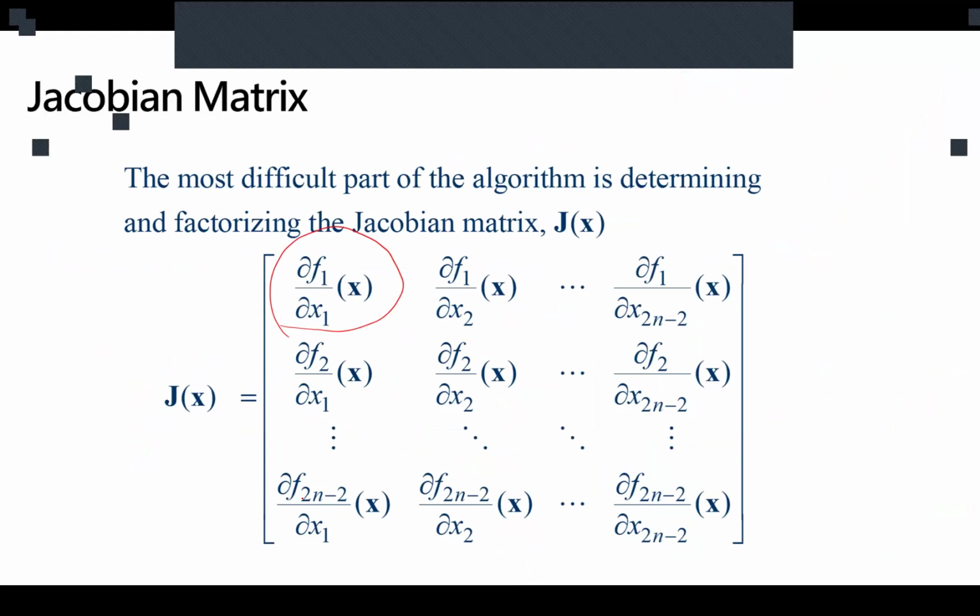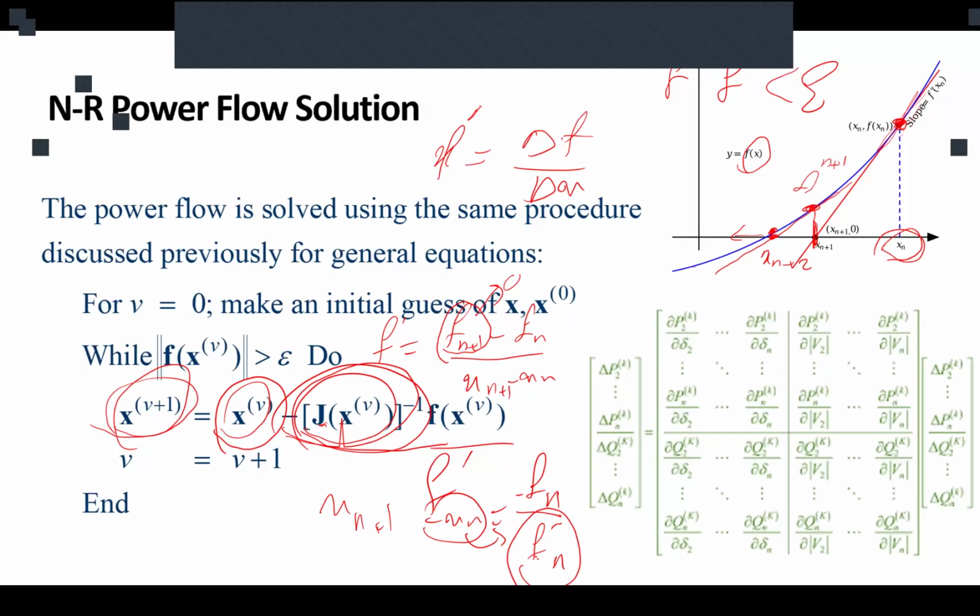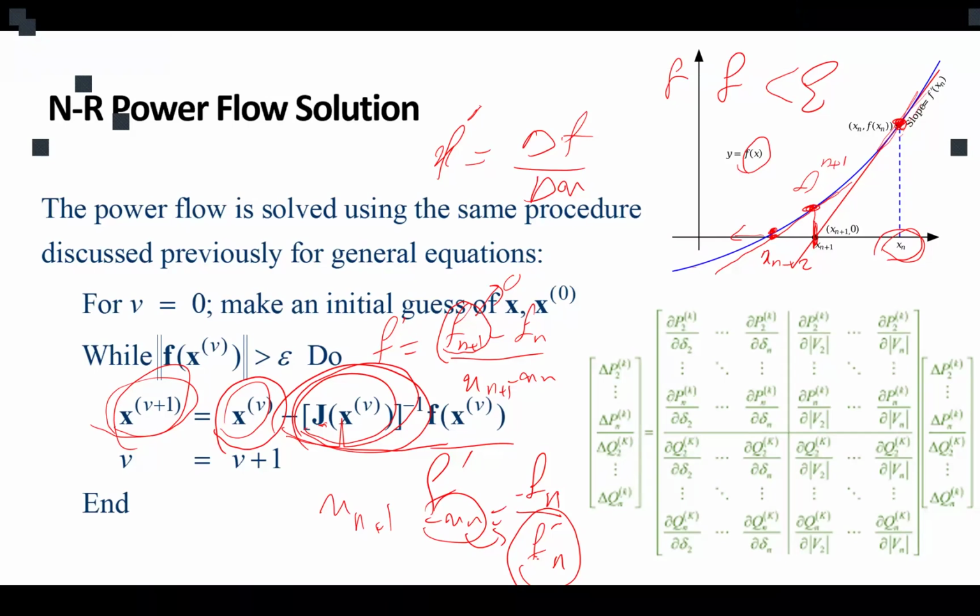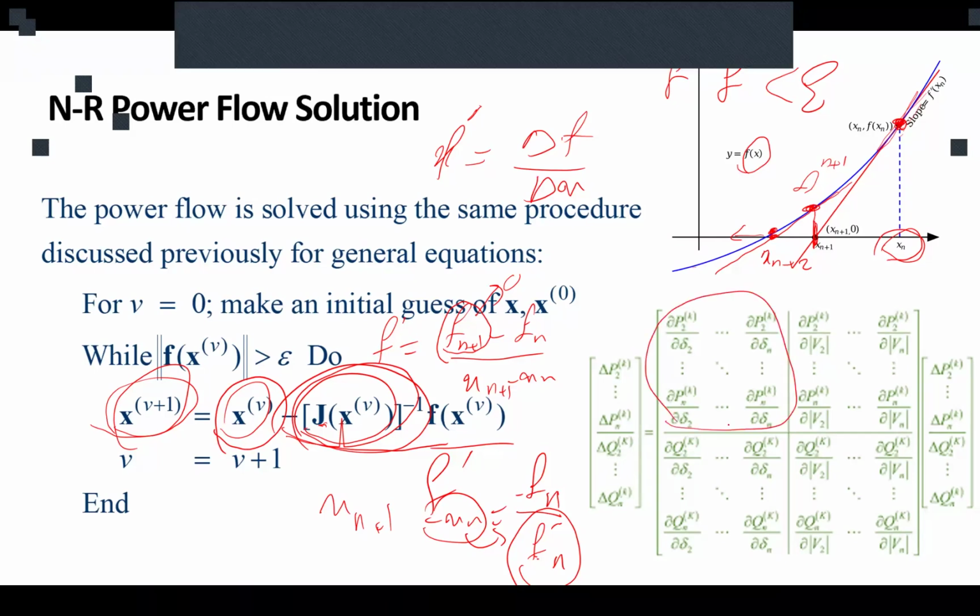So for example, in the previous one, we had P2 to Pn power balances and Q2 to Qn power balances. That was our F. Now we want to do partial differentials with regard to our variables, which were the voltages and thetas. So we have all the P's differentiated over all the thetas, all the P's differentiated over all the voltages, Q's differentiated with respect to thetas, and Q's with respect to the voltages.